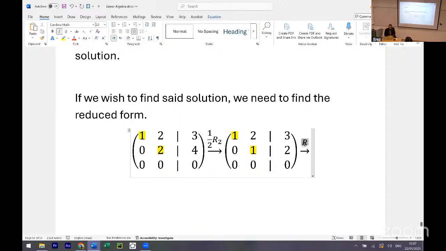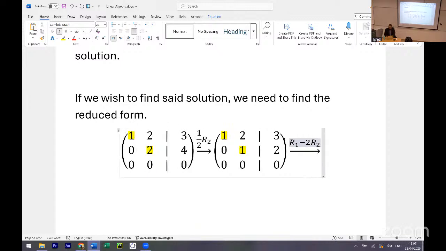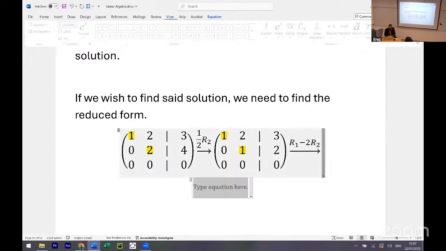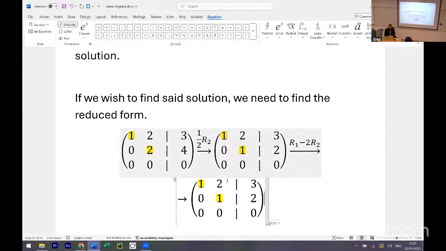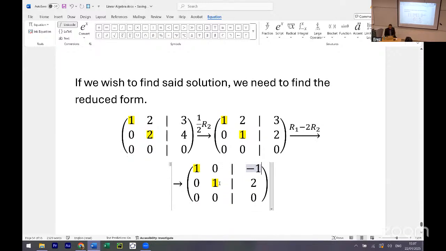So we go R1 minus 2 times R2. And then you get 1, 0, minus 1. This is the reduced form.